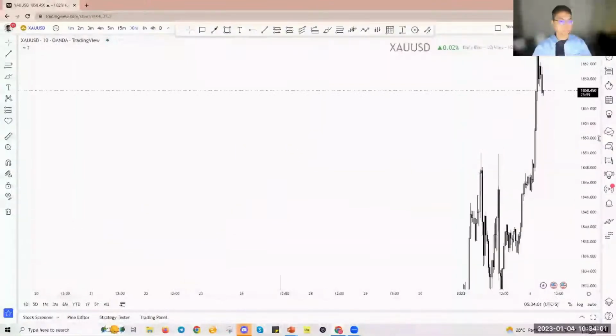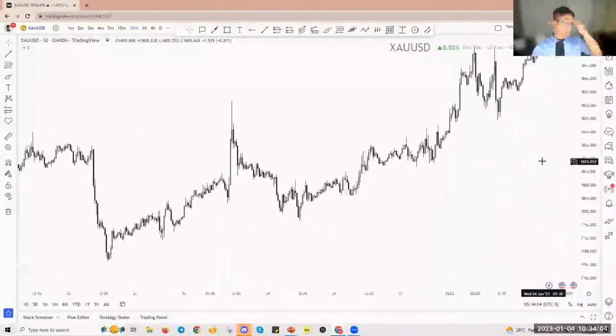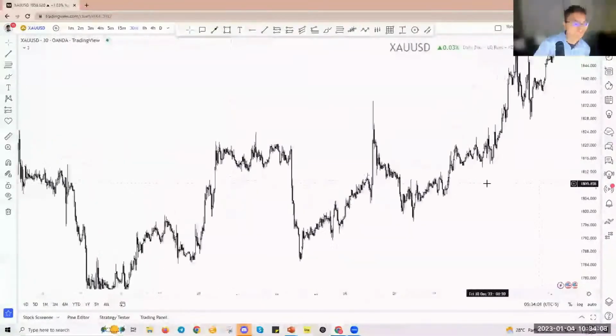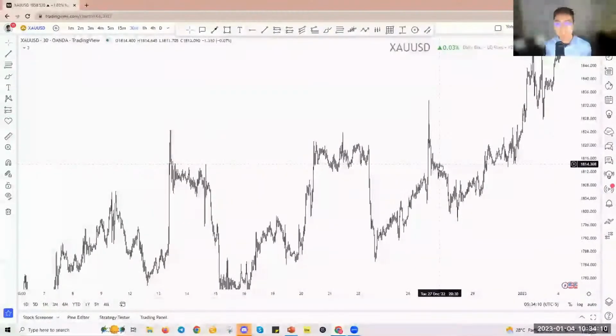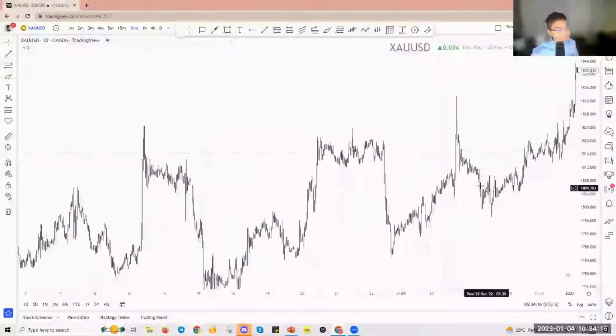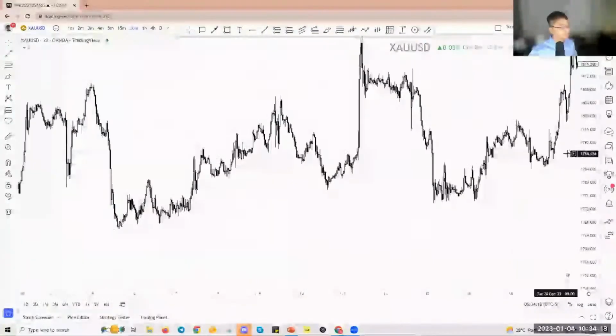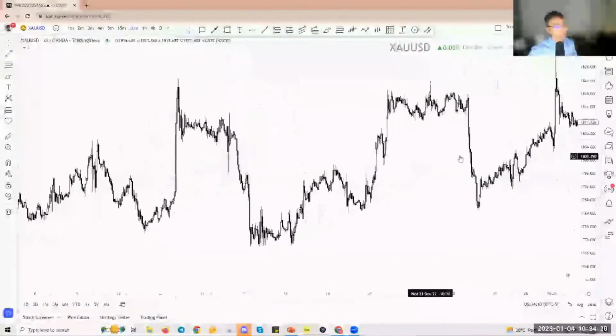30-minute chart. Well, from my personal experience, Wyckoff works better on the 1 minute chart. Because on the 30-minute chart, 1 hour chart, or 15-minute chart, it's way too long, and any news events can screw up the entire schematic.